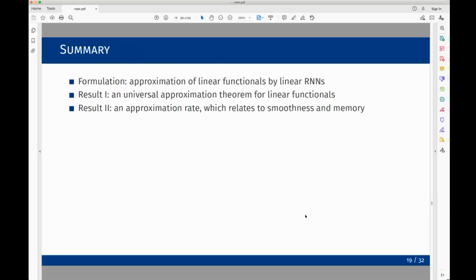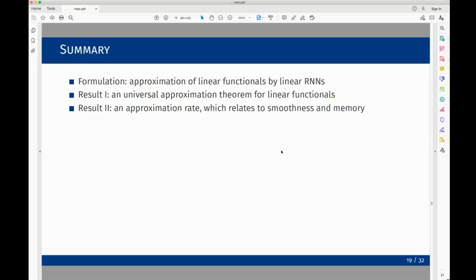To summarize the first part, we formulate the problem as an approximation of linear functionals by linear recurrent neural networks. Our first result states that there exists a universal approximation theorem for the linear functionals.